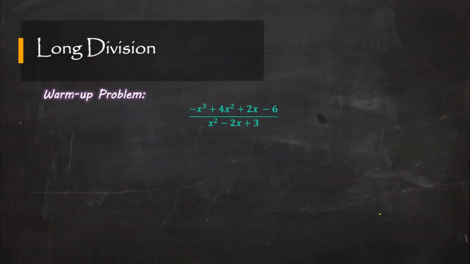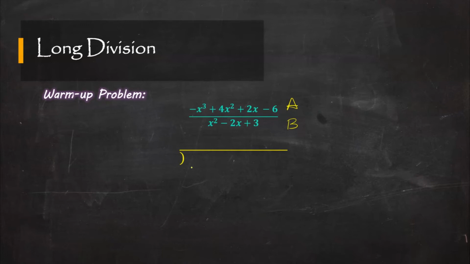let's just try a warm-up problem to explain the process. Now we have negative x to the power of 3 plus 4x squared plus 2x minus 6 over x squared minus 2x plus 3. This is our polynomial A, this is our polynomial B. Now let's do a long division.